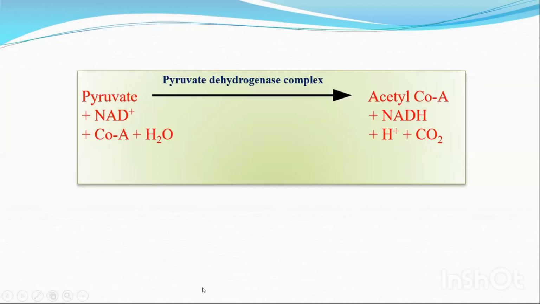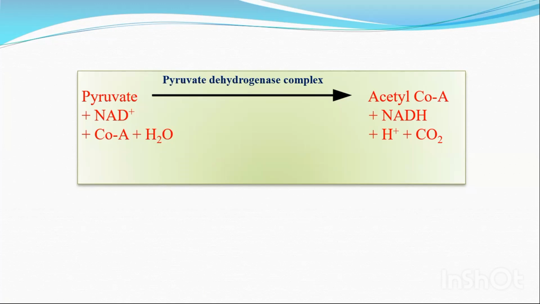So the overall reaction for link reaction is pyruvate, pyruvic acid plus NAD plus coenzyme A plus water molecule for hydrolysis. So pyruvate dehydrogenase enzyme complex will be there, and there is formation of acetyl-CoA plus NADH2 plus CO2.